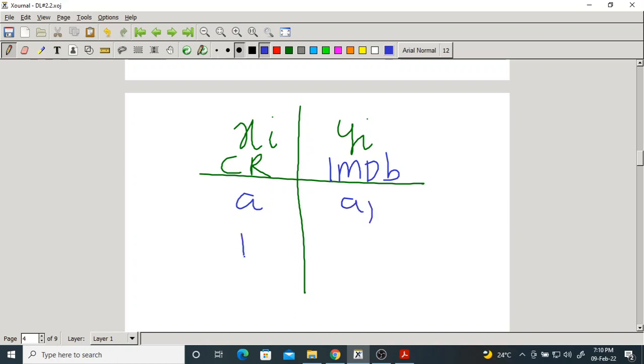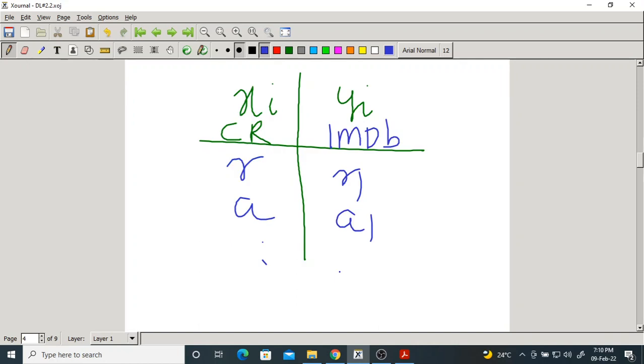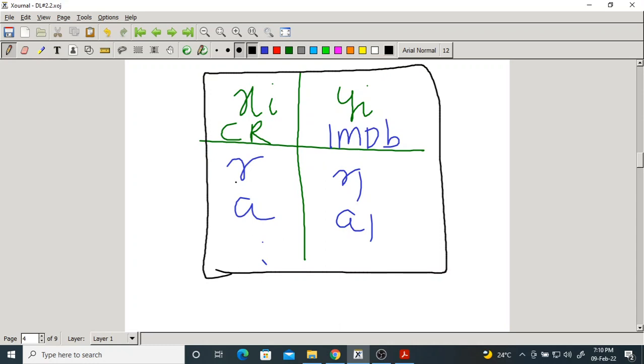Let me take A here. A1, and so on. So for n movies, I am giving the data: the critics rating and the IMDb rating.